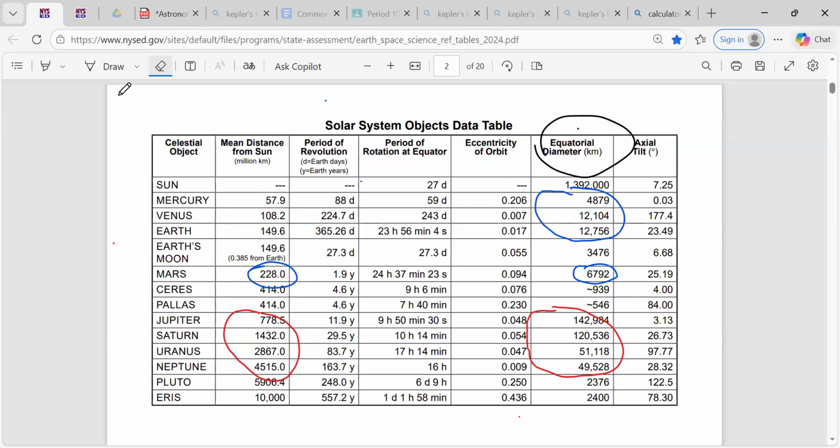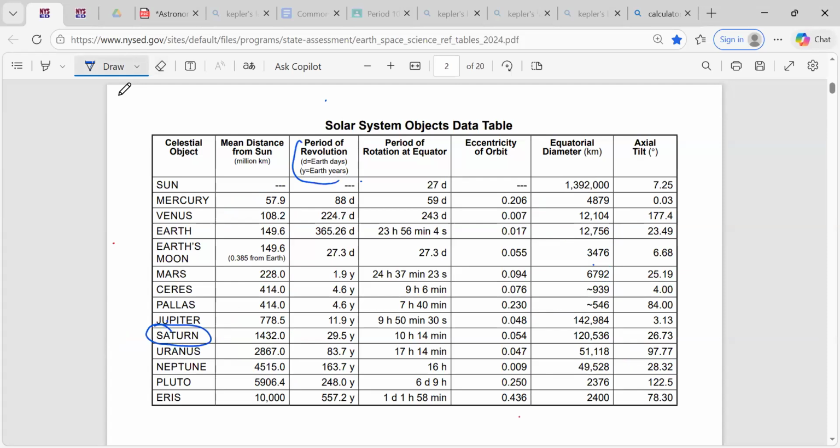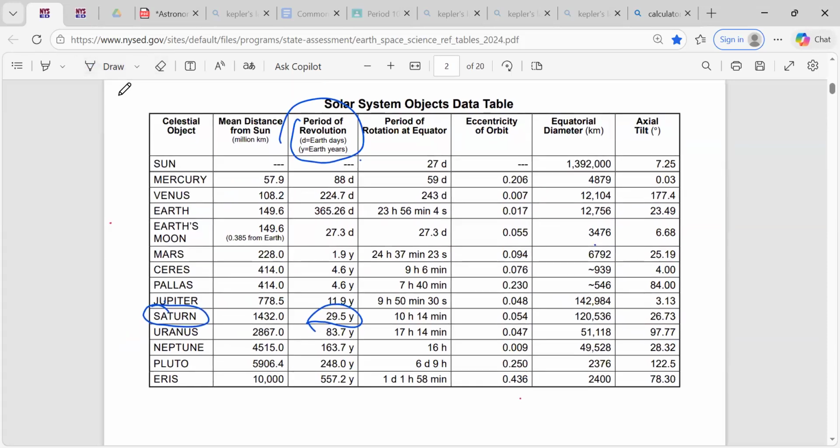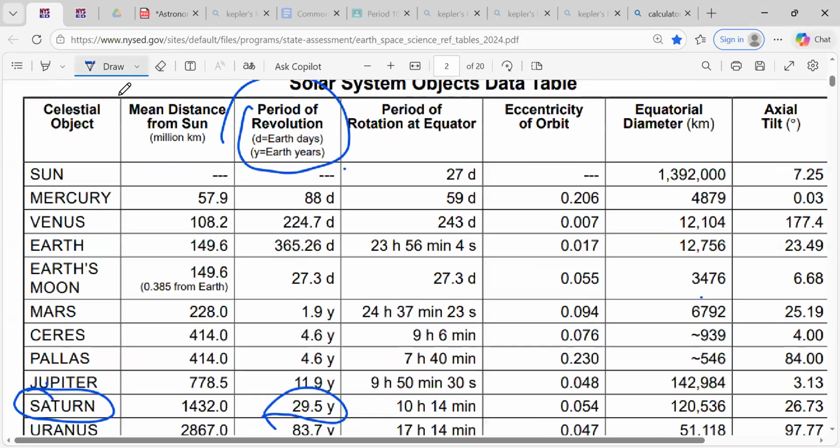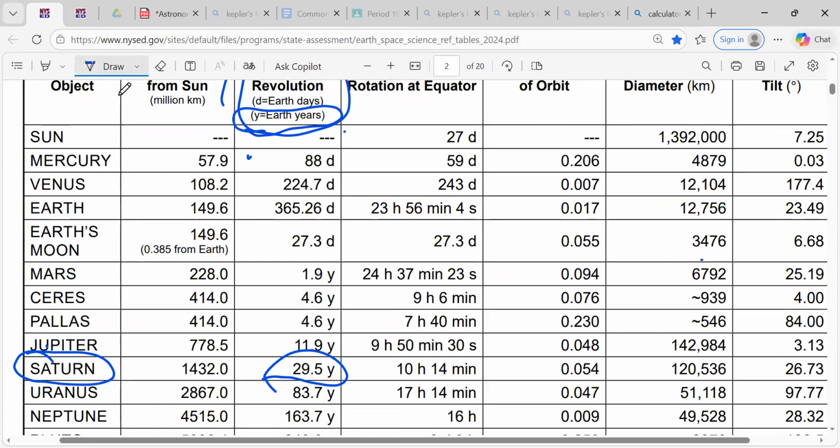Let me erase all this other stuff. Here we go, and Saturn is located right here. Period of revolution, and it's 29.5 years. What kind of years? This is key. This is Earth years. So it takes 29.5 Earth years.